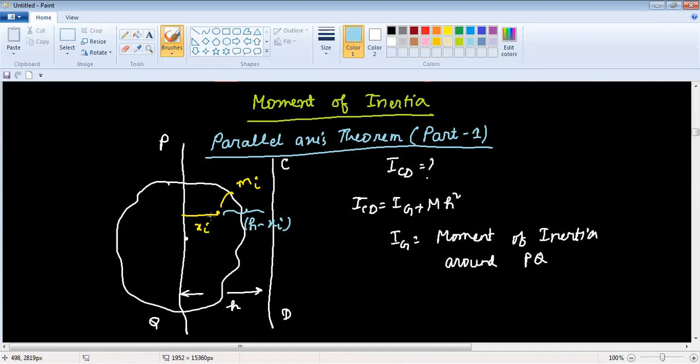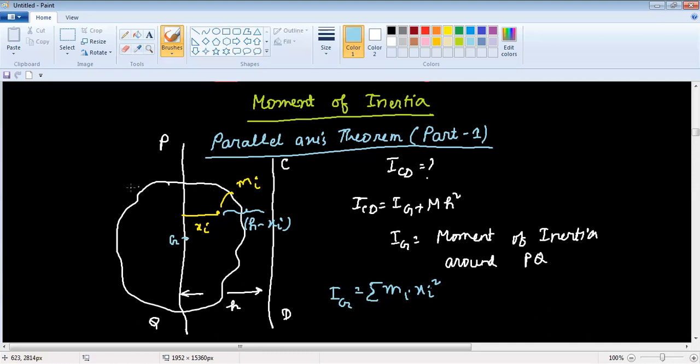So if this is xi, then this distance is h minus xi. Now we know that the inertia of a particle is mi xi square. Here xi is the distance of the particle from the axis PQ, which passes through the center of mass. So we can say summation of mi xi square is equal to Ig.